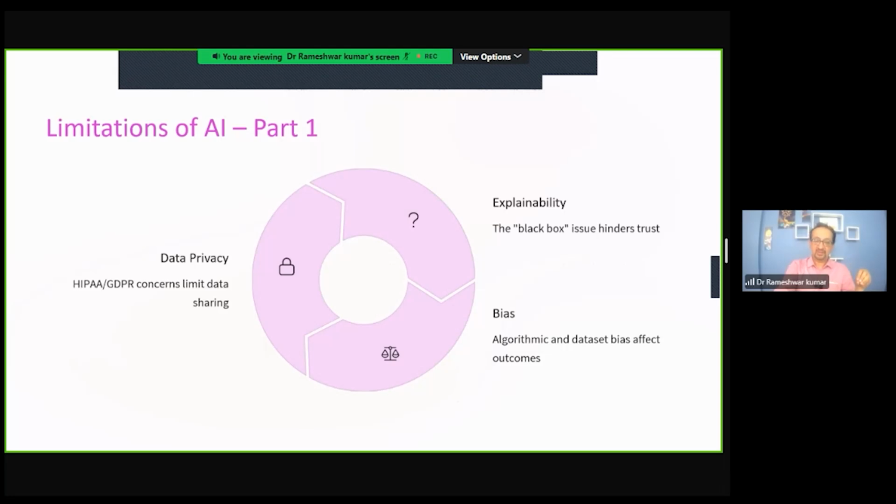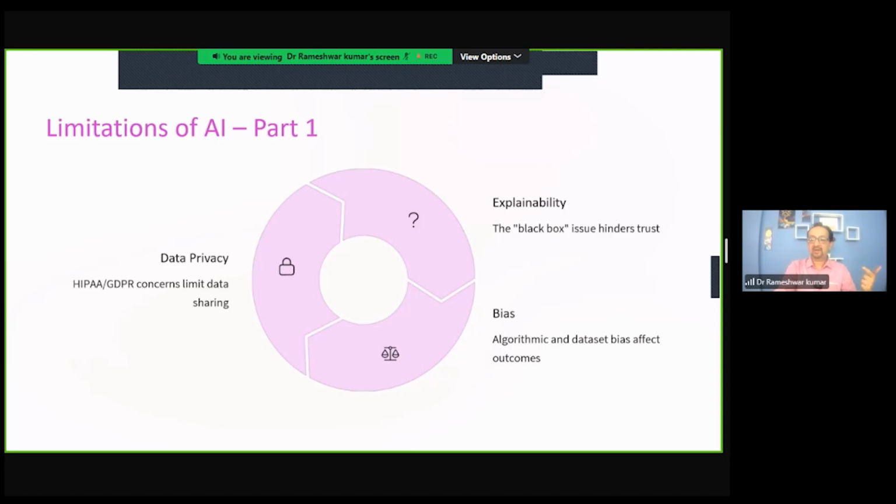Data privacy is a very big challenge. Second is explainability. Black box issues are always there, because in medical science, we have to explain. There is nothing like hidden things, and that cannot be done in medical science, because this is not a creative field. You are dealing with life.